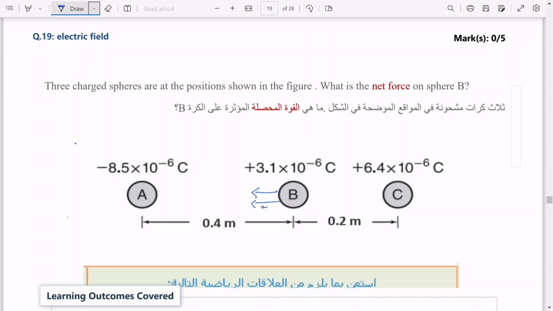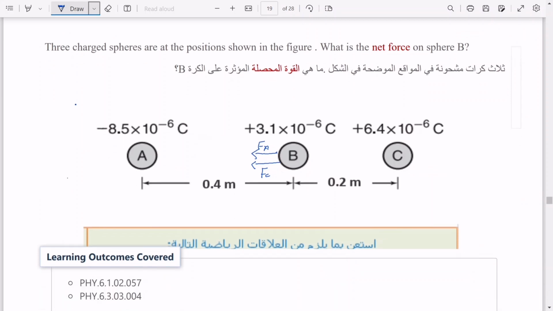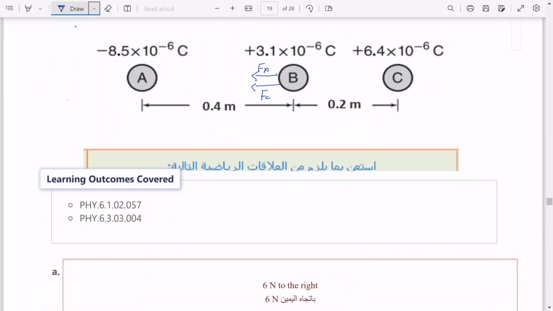This one we will mark FC, force applied by charge C, and this is FA, force applied by charge A. Now we will calculate both the forces, and the net force will be the total of the two forces. To calculate the net force, we need to add. Why? Because both the forces are acting in the same direction. So the direction of the net force will be towards the left side.